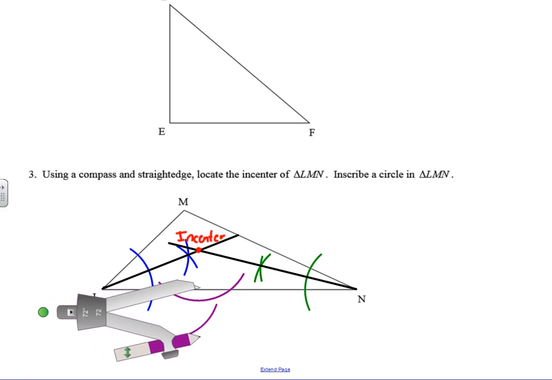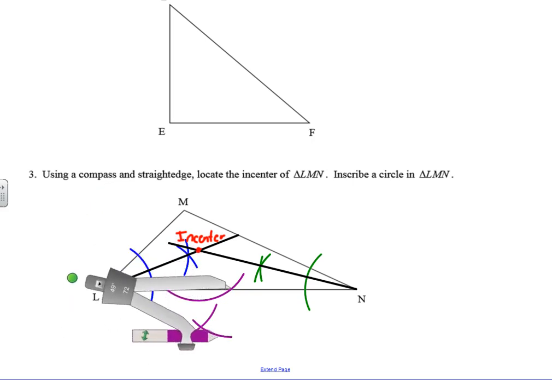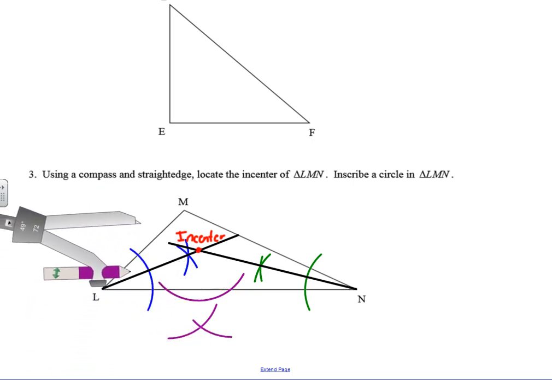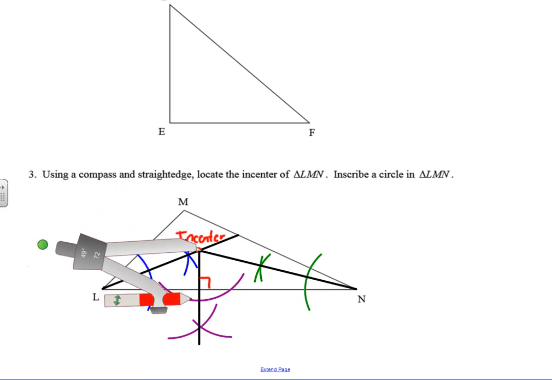Kind of move it over to the other side, the other intersection, and that gives us our perpendicular, which is really the reason we want that, because we want to get the radius. So I'm going to leave it there. That's probably a little bit off, but that's the perpendicular. And the point of all of that was to give us the radius.